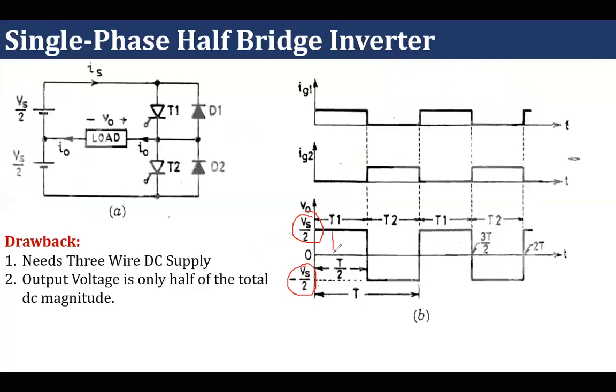That means the amplitude of the voltage is only Vs upon 2, whereas we are applying total Vs voltage from the input side. We get half of the voltage at the output, and this is the second major drawback. So in practical cases, we generally do not go for the half bridge inverter. We always go for the full bridge inverter.